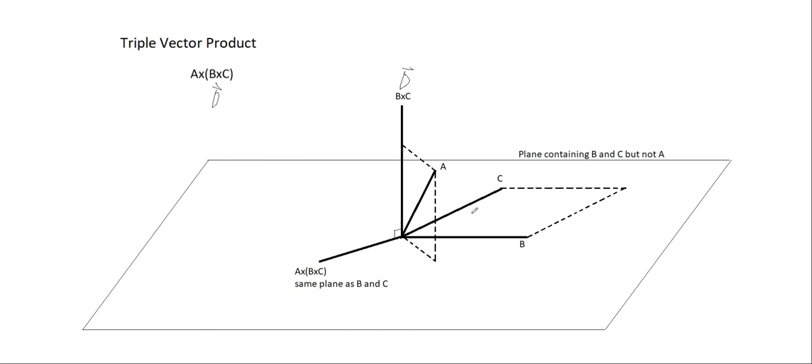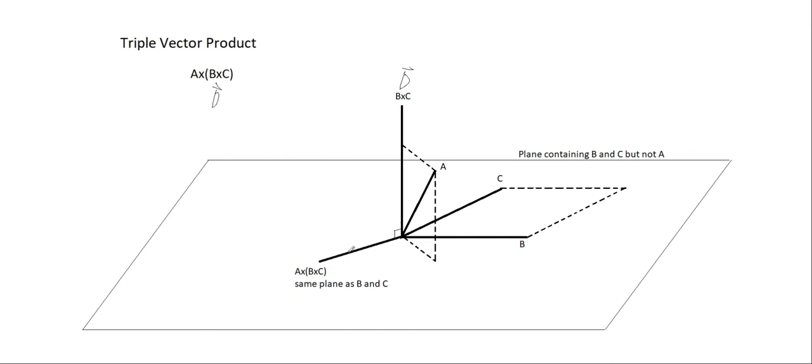So we have our B and C here, and this B cross C is the area of this parallelogram here. And then we have another parallelogram here made with A, with our other vector here, and we're just taking this cross product of A with D, which was the cross product of B and C, which is just another area, and then we make this vector here, the length of which tells us the area of this other parallelogram here.